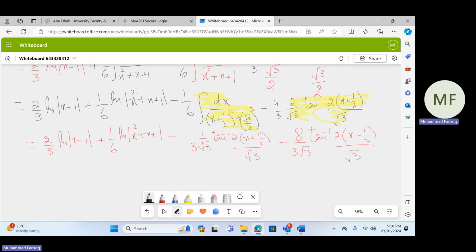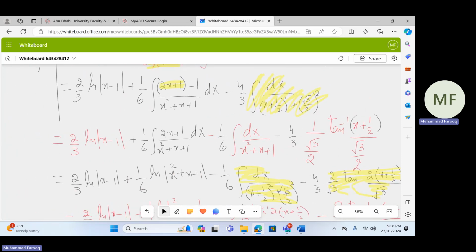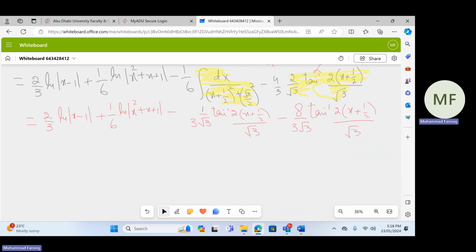For example, as I told you, we use 5 techniques. If you have this here, how do you integrate? You have to use completing the square. Understand? That's why I make it part of the calculation.